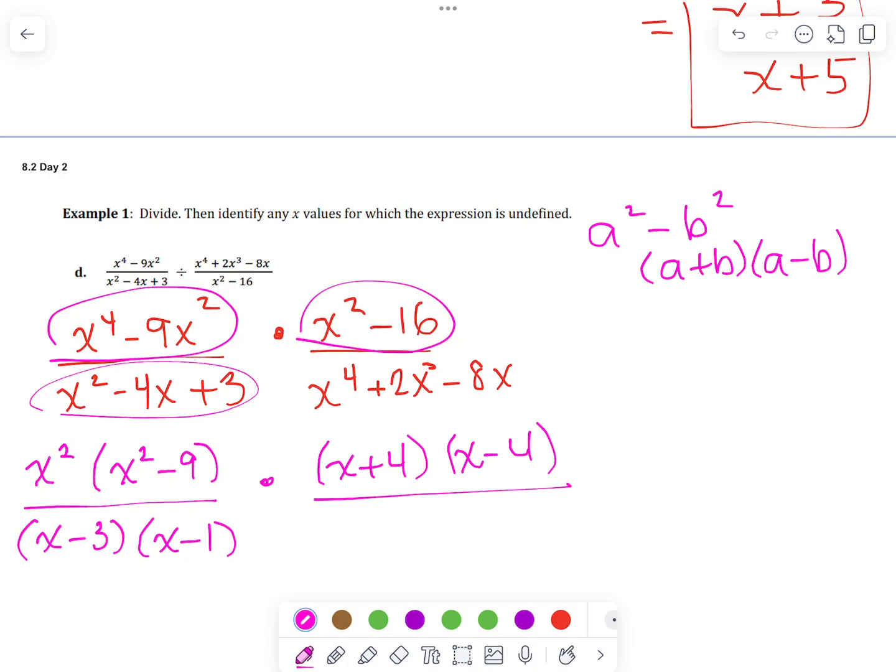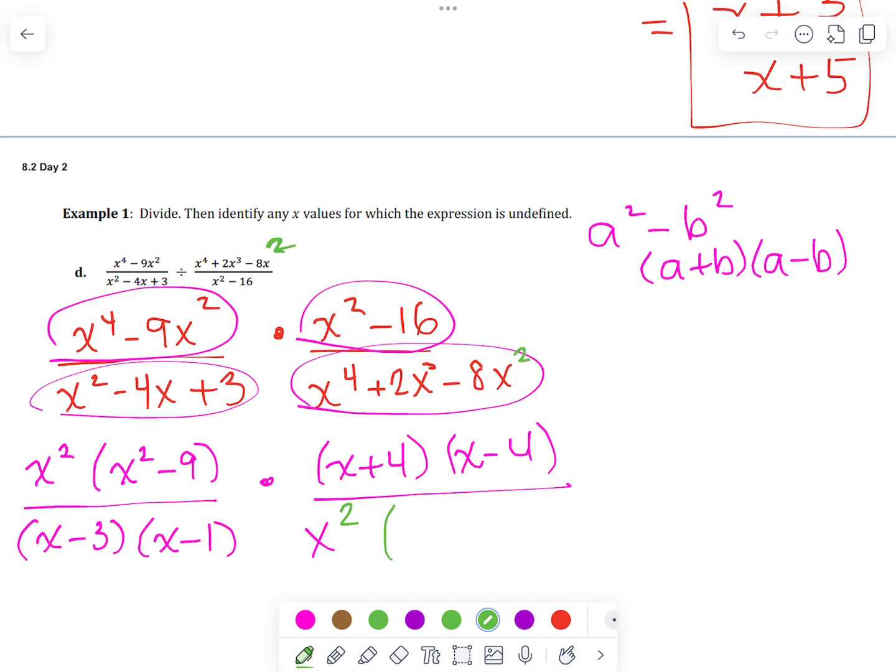And then in the denominator, we have a GCF of an x. I think we have a typo here, actually. This should be an x squared here. So change that to an x squared. So we'll have a GCF of an x squared.